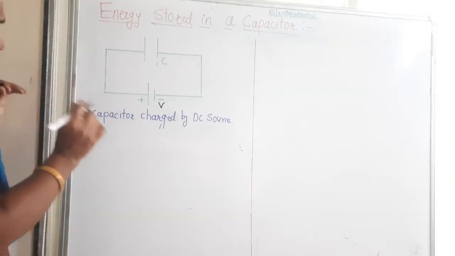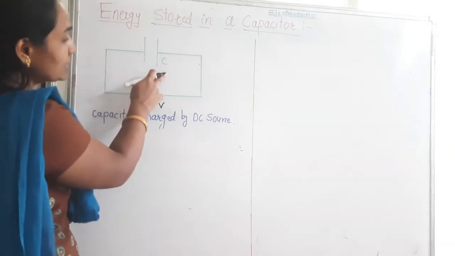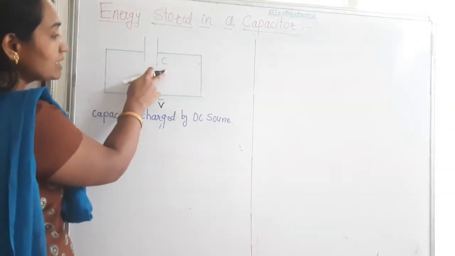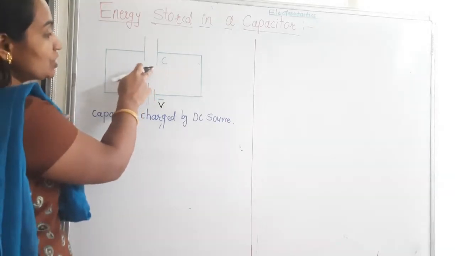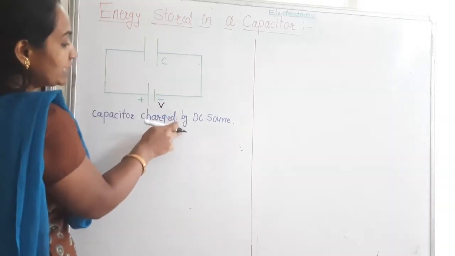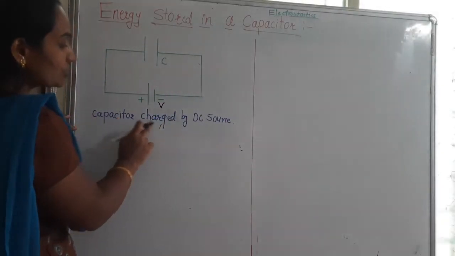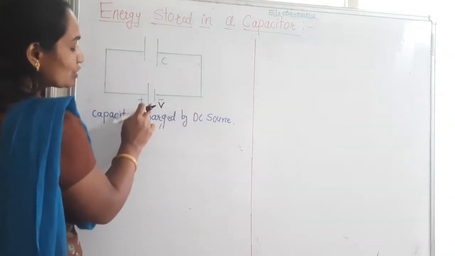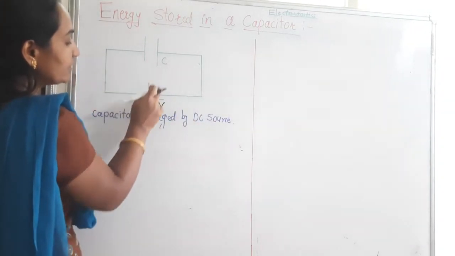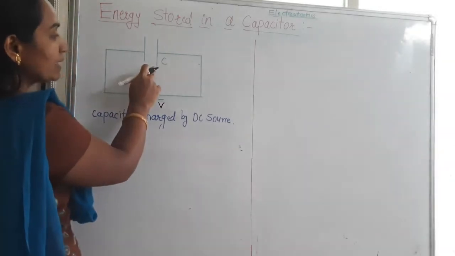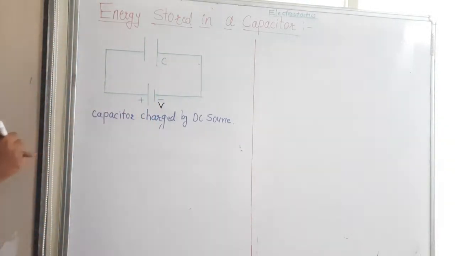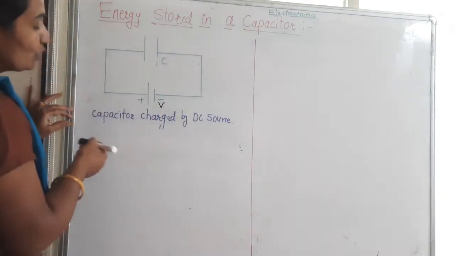Consider a capacitor of capacitance C which is charged by a DC source, meaning a potential difference in volts is provided to the capacitor and the charging process continues.